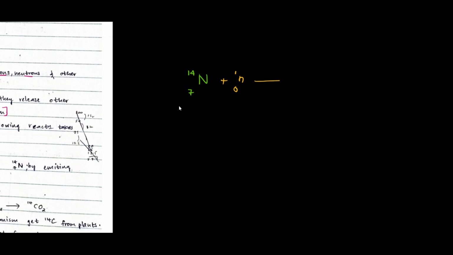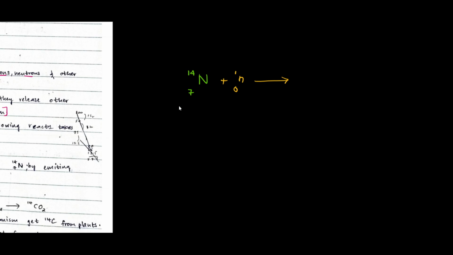The reaction will be like this. When the neutron collides with the nucleus of nitrogen, it replaces a proton. It sends a proton out and takes the place of that proton. So during this reaction, a proton is released.